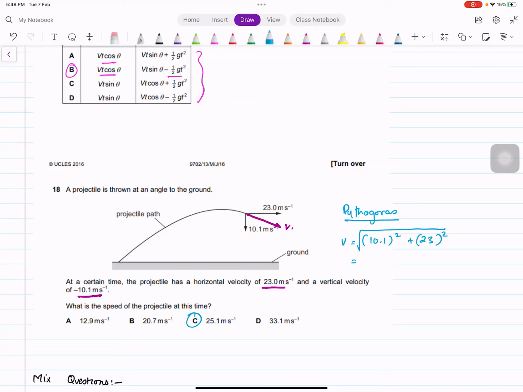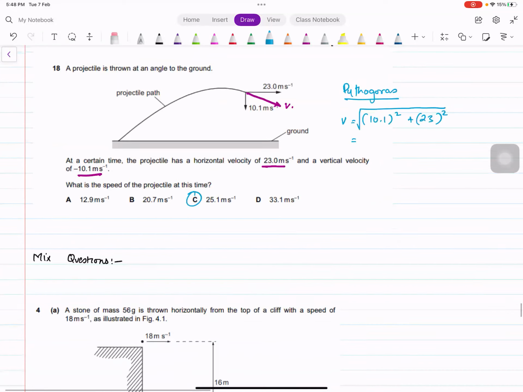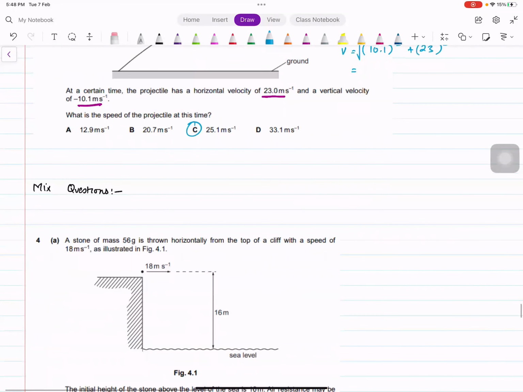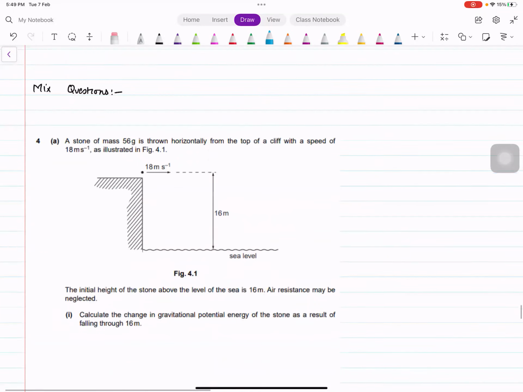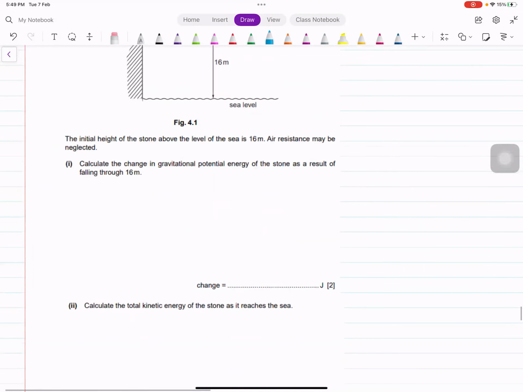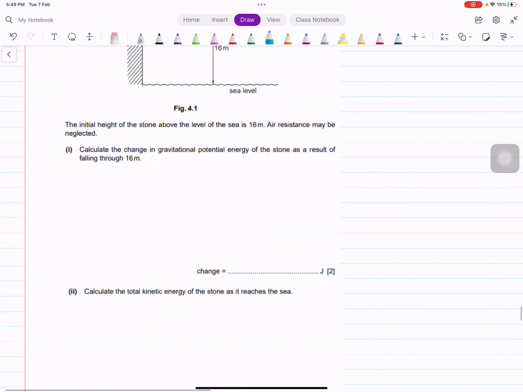Now in this chapter, I have basically put in a lot of mixed questions. So I believe you will be able to do it. But Sir, first I need to write. Yeah, okay.